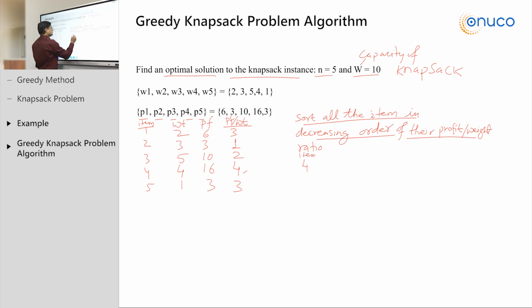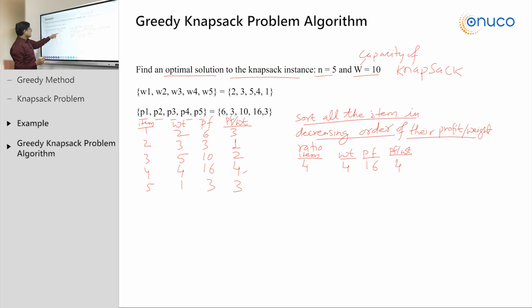So the item is 4. What is their weight? Their weight is 4. Their profit is 16, right? Similarly, profit divided by weight, we are getting 4.